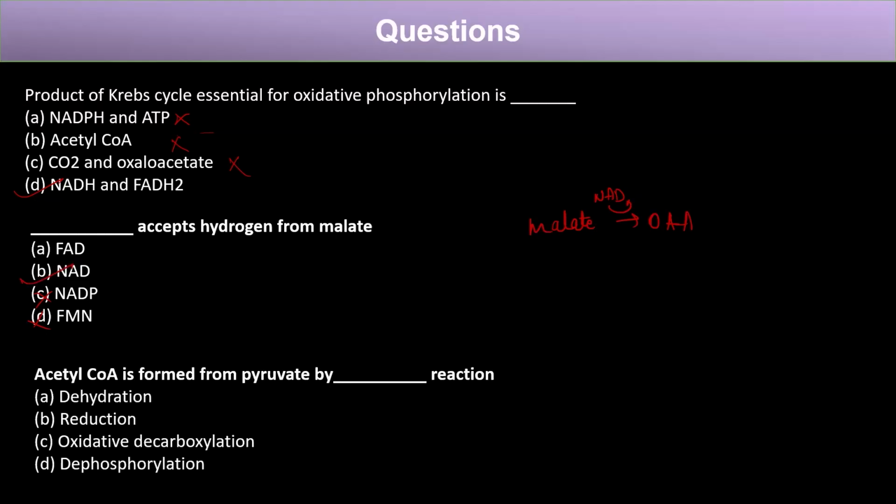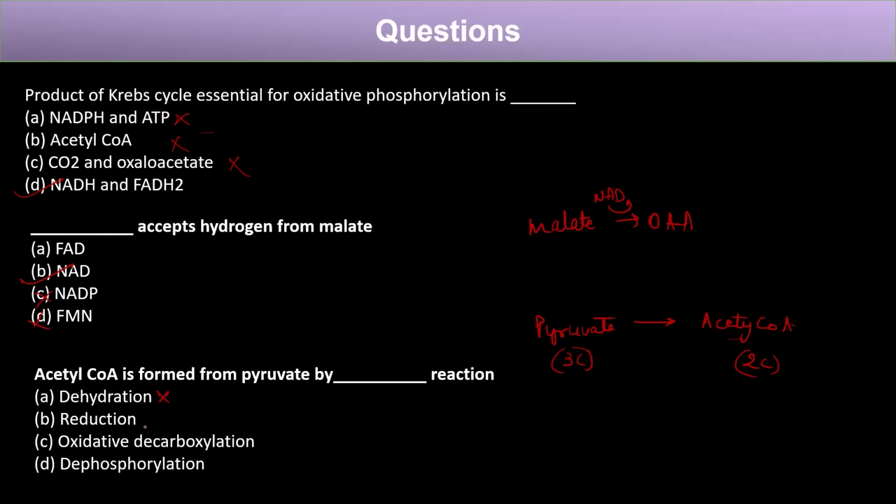Now the last question: acetyl CoA is formed from pyruvate by what reaction? We had pyruvate, then we have acetyl CoA. A series of reactions takes place here. Here it is a 3 carbon molecule and it leads to the formation of a 2 carbon molecule. First of all it was decarboxylation. Second, the pyruvate was undergoing oxidation to form acetyl. Dehydration?